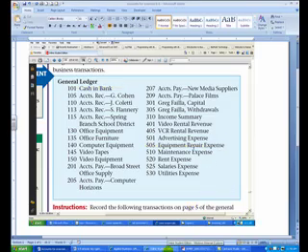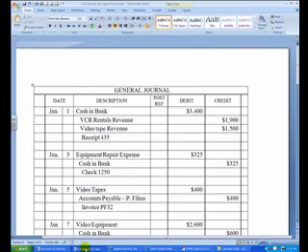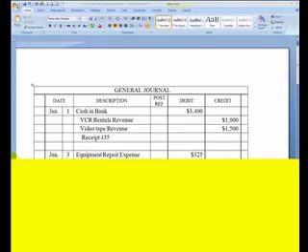So we'll return back to the actual general journal. And you will see here, I have equipment repair expense. This is my debited account. Notice on my board, expenses increase on the debit side. Therefore, it's first. The third step of posting, write down the dollar amount. Next, how do we pay for it?